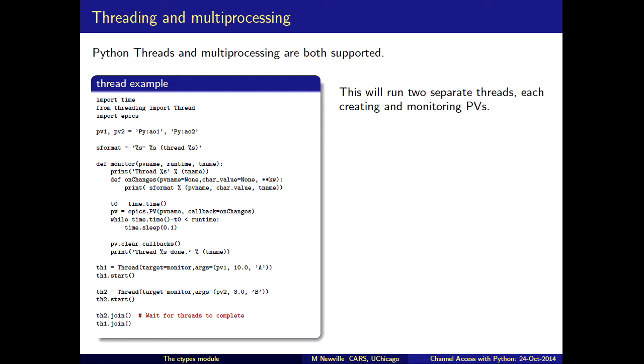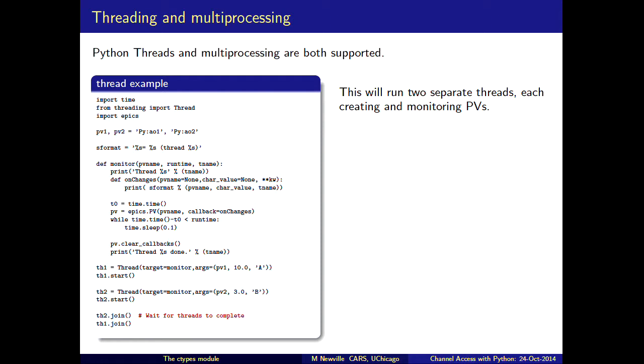Here I've created a thread that's going to run this function, which creates a PV inside the thread, and then sets up a callback and waits for that thread to run. I'll run it once with one PV for 10 seconds, and then start another one with another PV for 3 seconds. Let them both run. They both run simultaneously. The outputs will be interleaved.